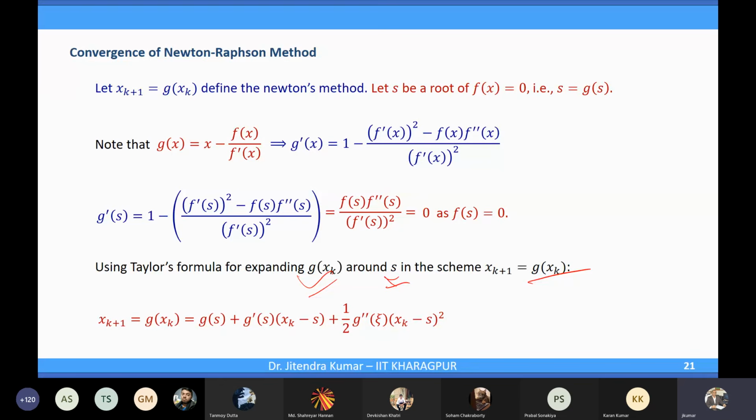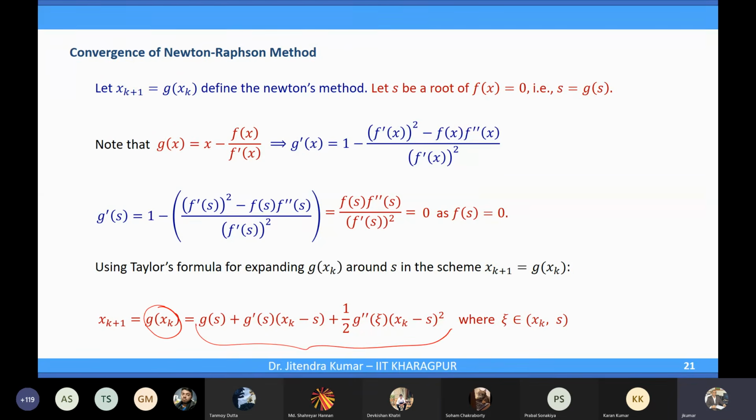That means xk plus 1 is equal to g(xk), and I'm expanding this g(xk): g(s) plus g prime(s)(xk minus s) plus half g double prime at some xi times (xk minus s) squared. This is the Taylor series expansion, which we use several times. Everybody is clear about this?